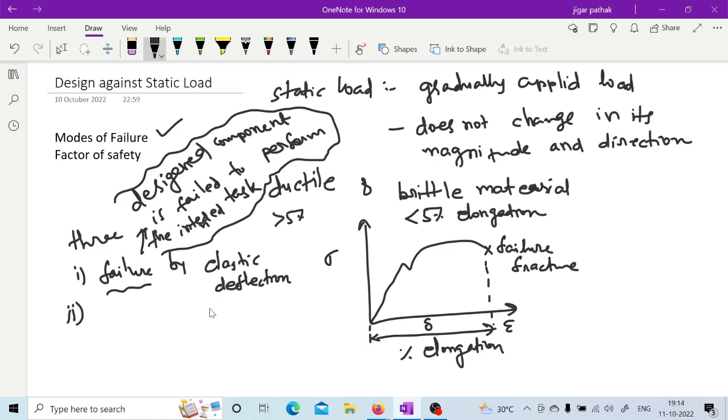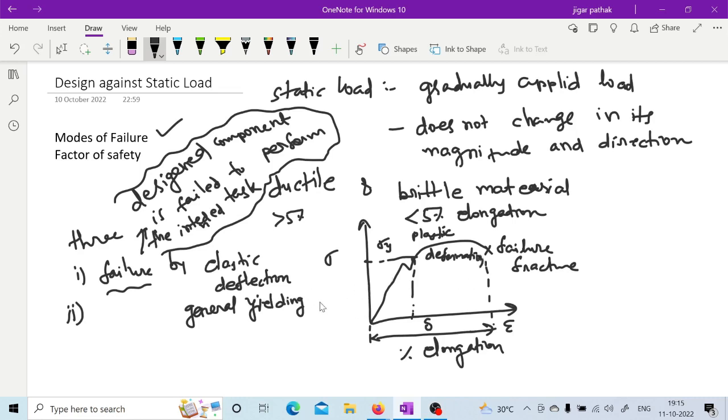Similarly, failure may be due to general yielding. Yielding means, once you cross the yield stress or yield strength, then plastic deformation starts.